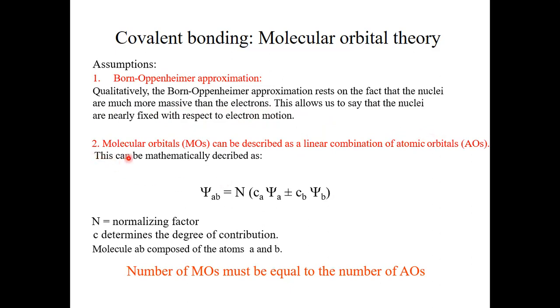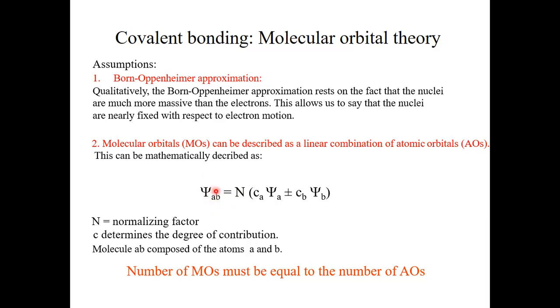This can be mathematically described as follows for two atomic orbitals that are forming a molecular orbital. Like the atomic orbitals, the molecular orbitals can be described by a wave function, psi. We can call that wave function psi AB if the molecular orbital is formed from two atomic orbitals A and B belonging to the atoms A and B.